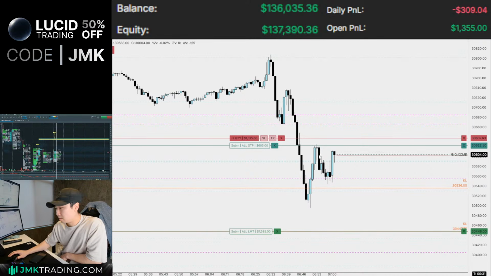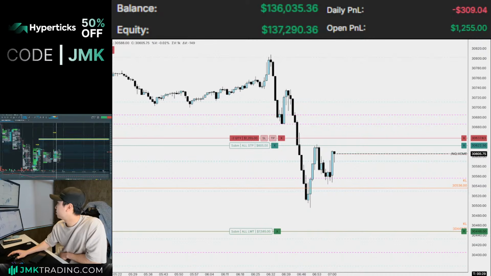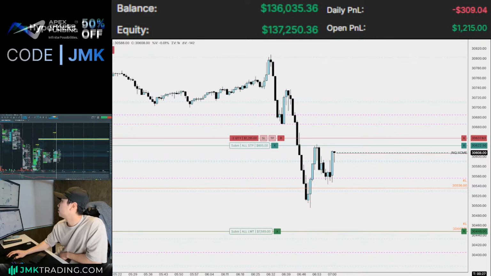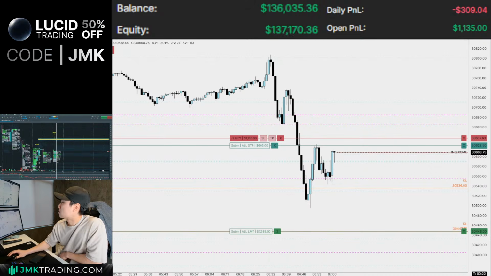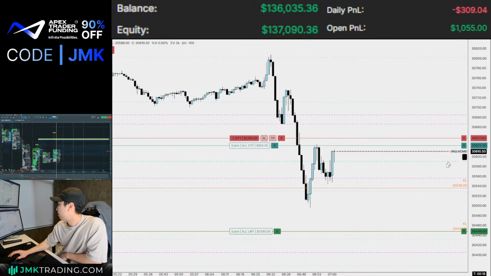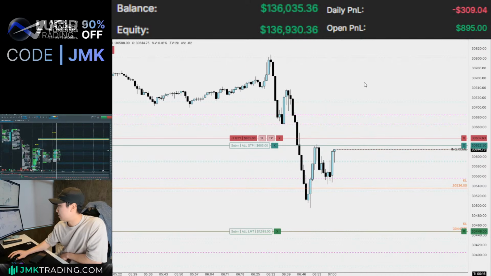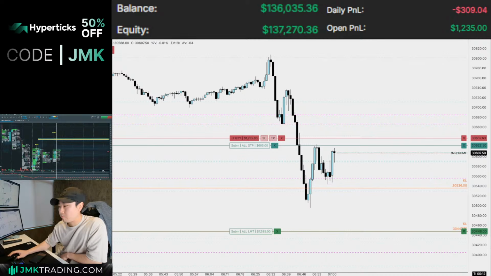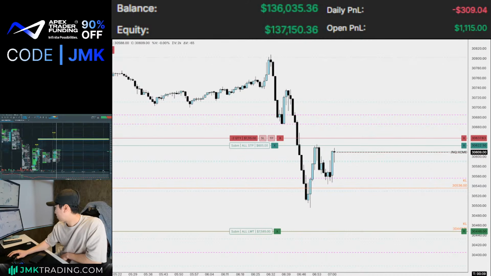So, kind of hoping for the Batman here. We are rejecting off of New York VWAP on ES. NQ is rejecting off of value low, but honestly, if we start to come up, take value, take this high, we could be in for a pretty deep reversal. Gotta see what happens here.